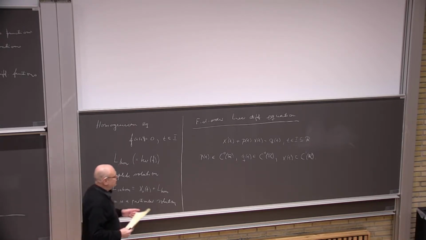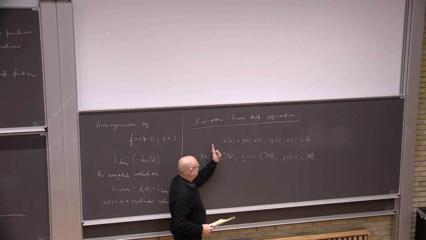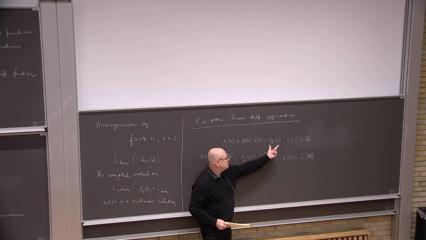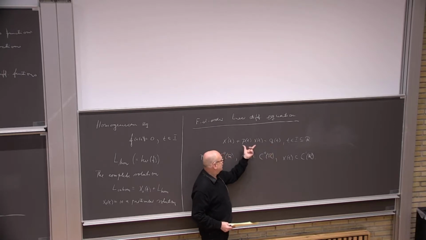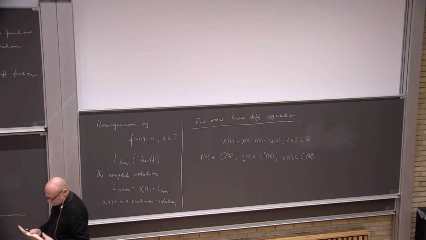And you can see here, if you take the derivative of x of t, you're sure that you have a continuous function here. The right-hand side is continuous, and the product of a continuous function and a differentiable function is a continuous function. So this should be okay.